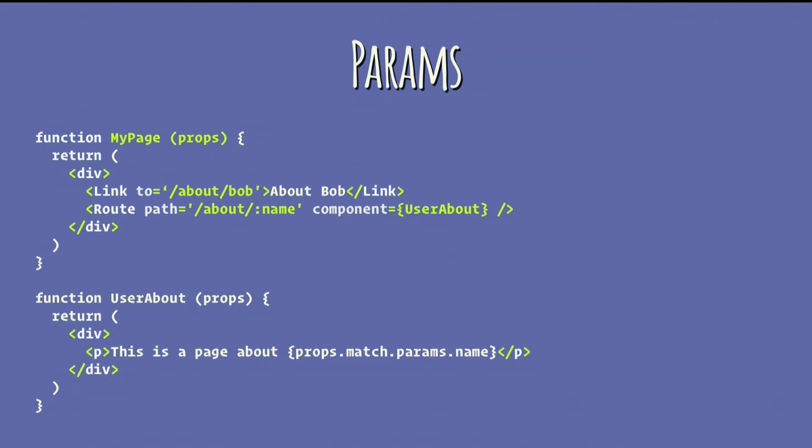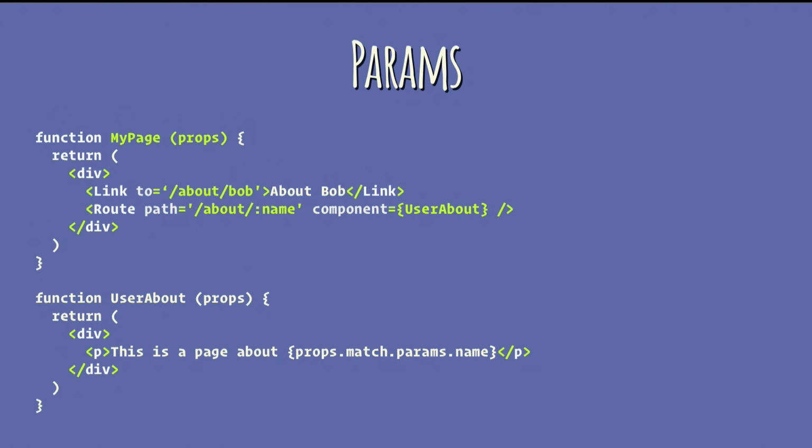So if you define your route, as we did up above, where it says :name, that's a route param. And then inside UserAbout, where that points, you can get to that param through a prop. So React Router passes along some props to every component that you navigate to using React Router.